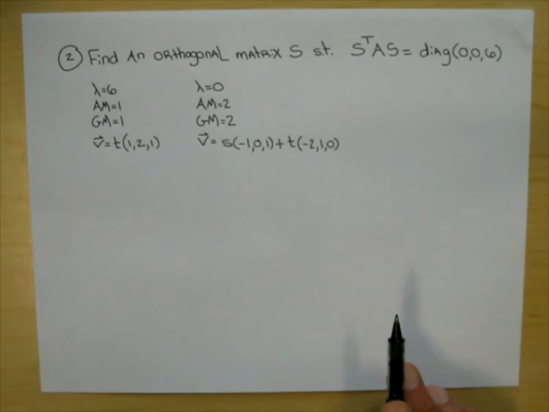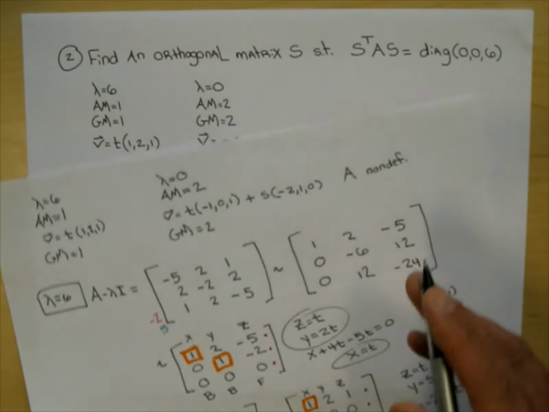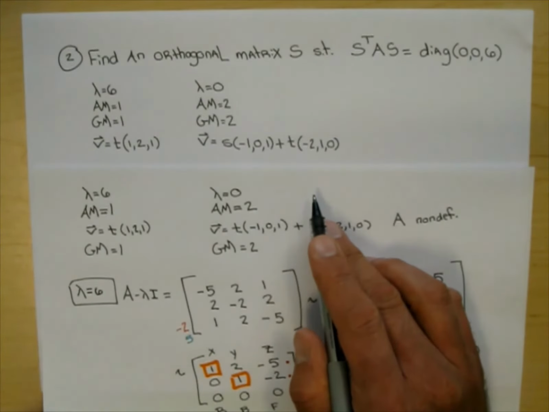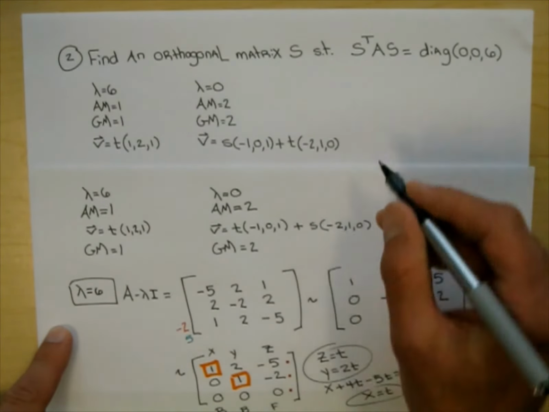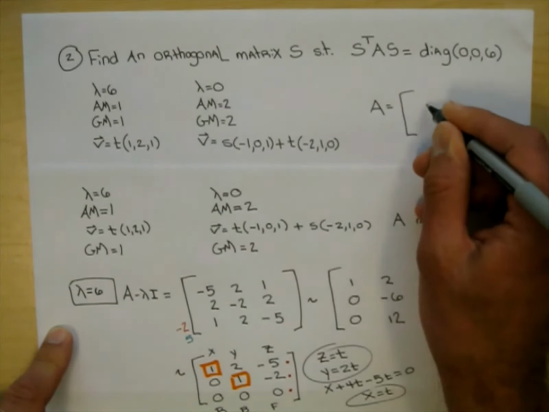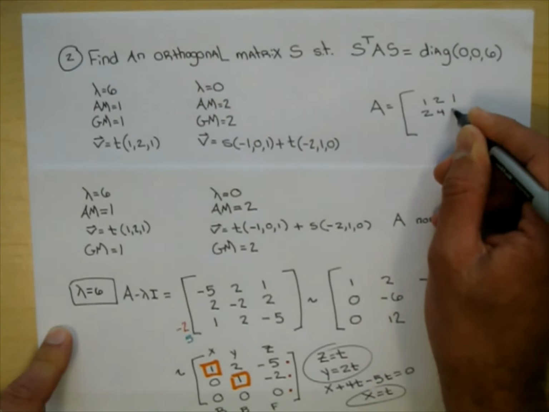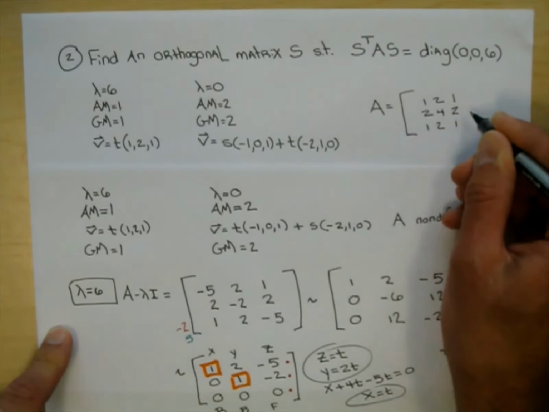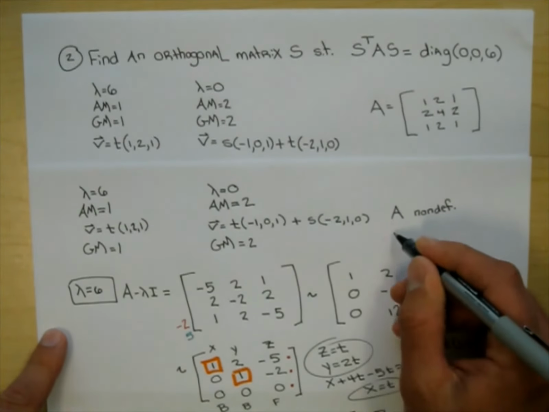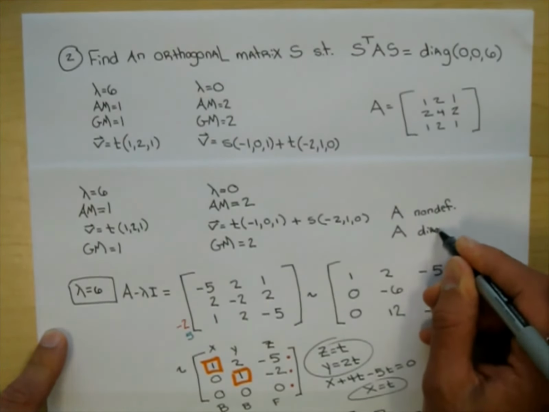On our last problem, A is non-defective. This is the same A that we're looking at here. I did not put that here, so what is A? A is a symmetric matrix: 1, 2, 1, 2, 4, 2, 1, 2, 1. We can also mention that A is diagonalizable.